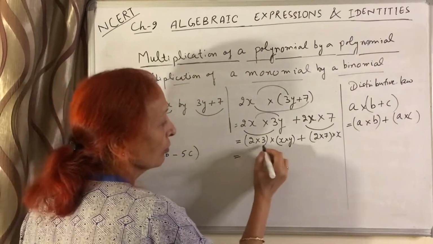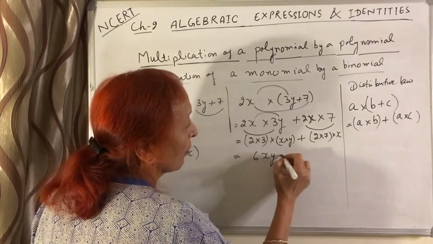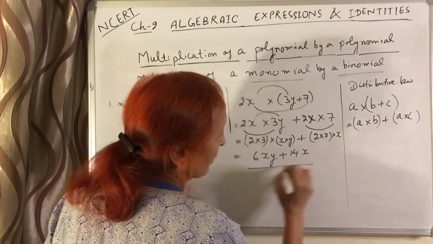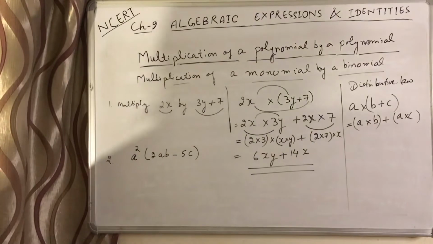This is equal to 2 into 3 is 6, x into y is xy, plus 2 into 7 is 14, and x. This is the answer.